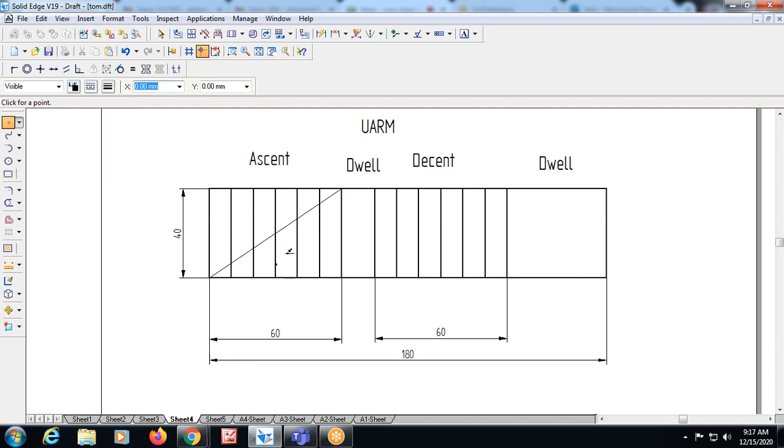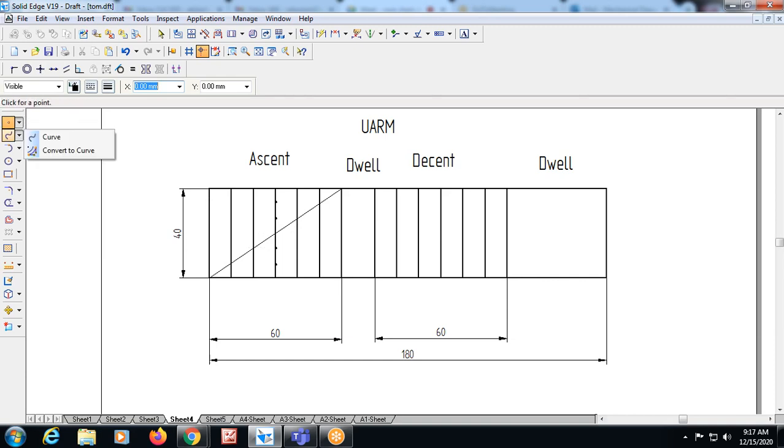Then again dividing into 6 point something, here and here. I am just taking roughly equal parts.